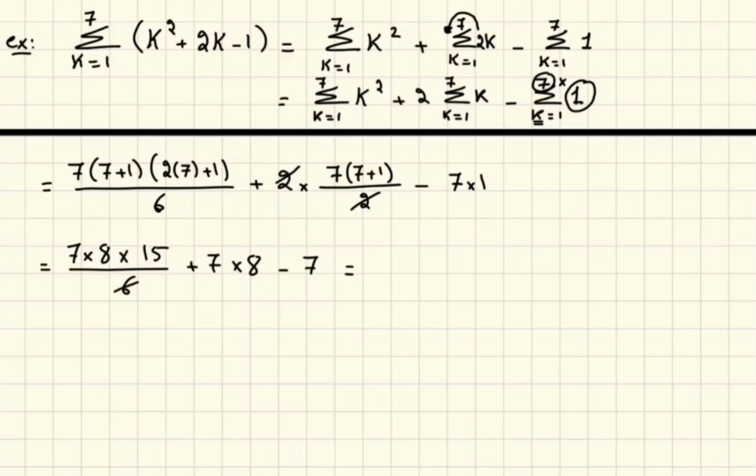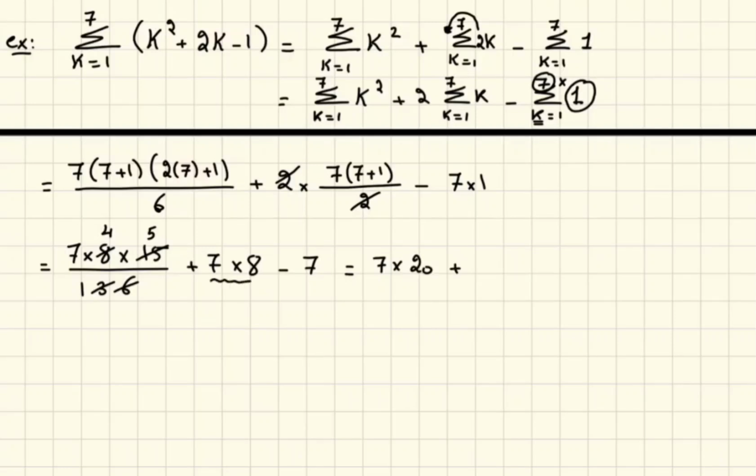Now 6 and 8 both can be simplified by 2, so 6 divided by 2 will be 3, and 8 divided by 2 will be 4. If you can do more, 3 divided by 3 is 1, 15 divided by 3 is 5. So I can notice that the denominator is 1, no need to write it anymore, and we get on top 7 times 4 times 5 is 20.